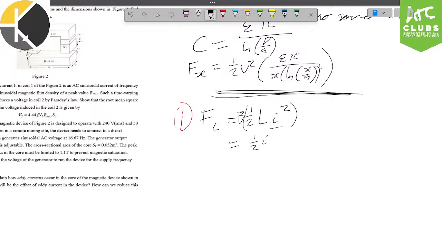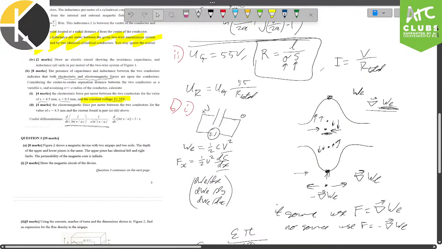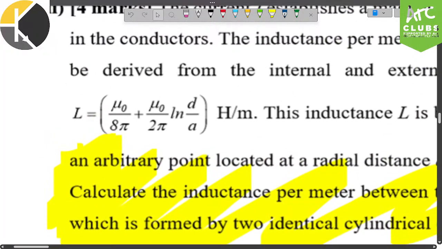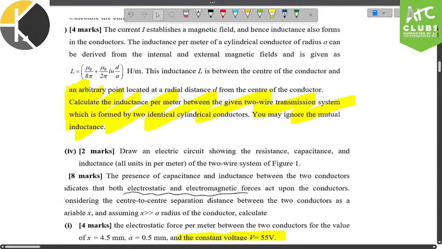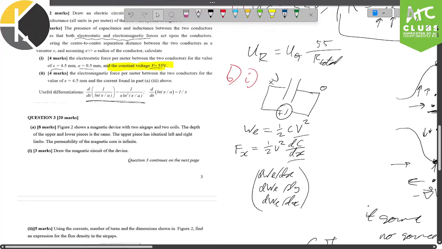So we get 1/2 I squared times dl on dx. Now, the interesting thing is, we got that equation given to us right over here. We do have to multiply it by 2 because we have 2 inductors per meter, I suppose. And so we just need to take the ln over there.